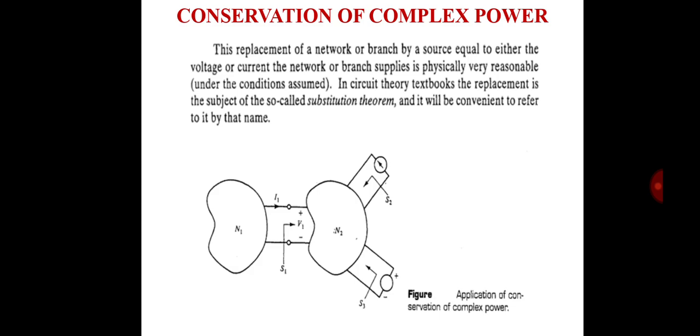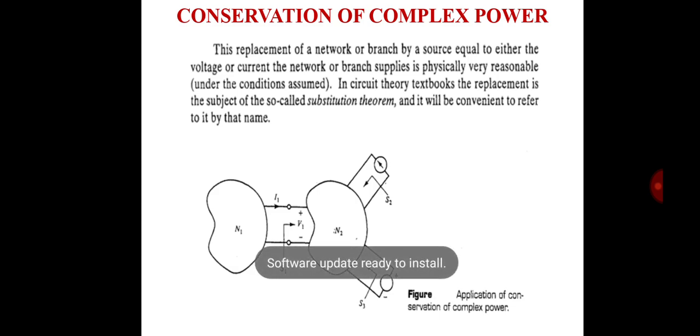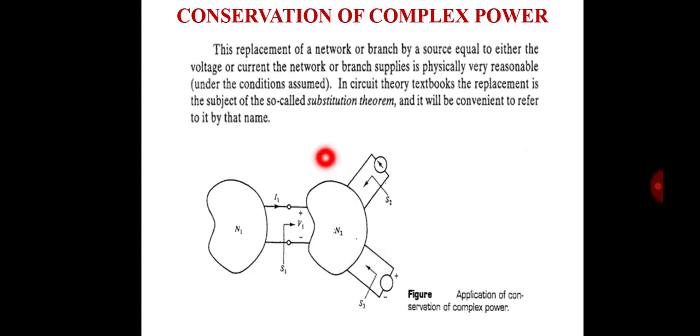Next is conservation of complex power. This replacement of a network or branch by a source equal to either the voltage or current that the network or branch supplies is physically very reasonable under the conditions assumed. In circuit theory textbooks, the replacement is the subject of the so-called substitution theorem.